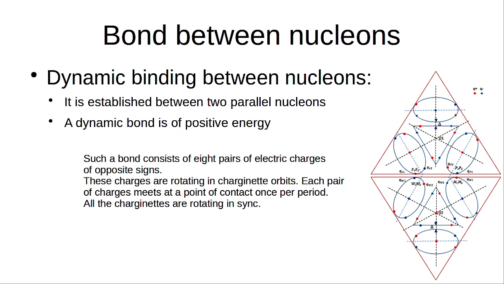These charges are rotating in charge-net orbits. Each pair of charges meets at a point of contact once per period. All the charge nets are rotating in sync.